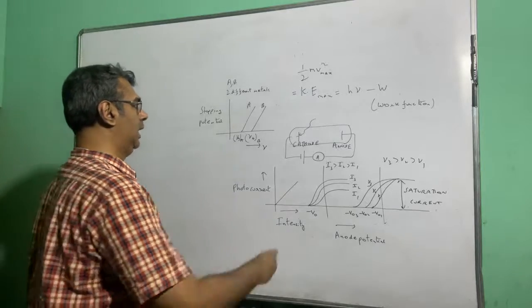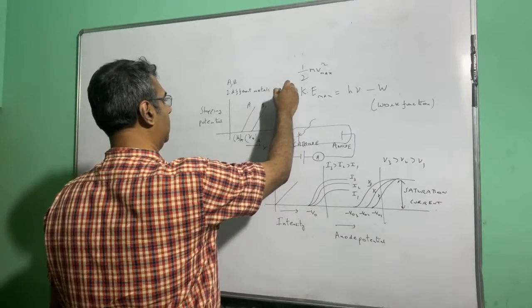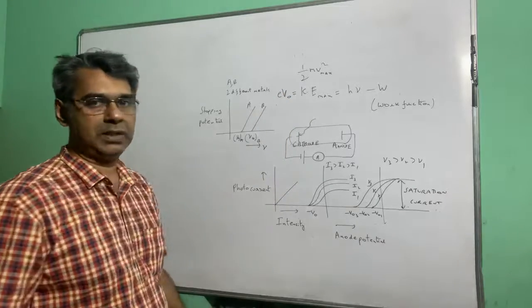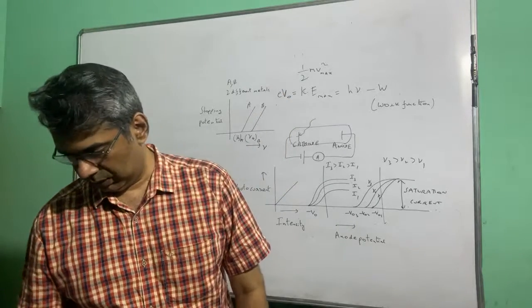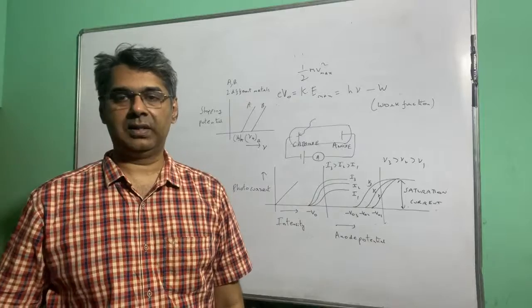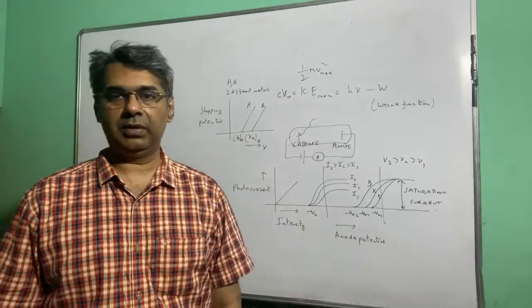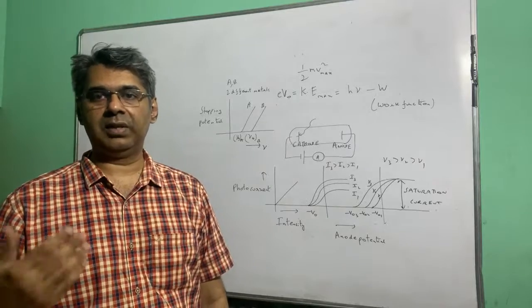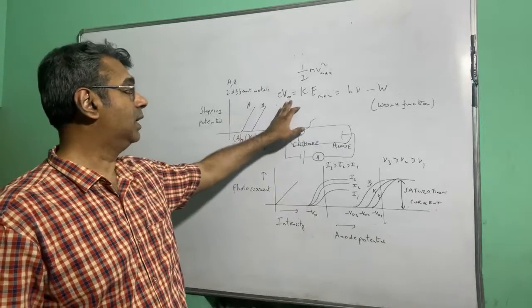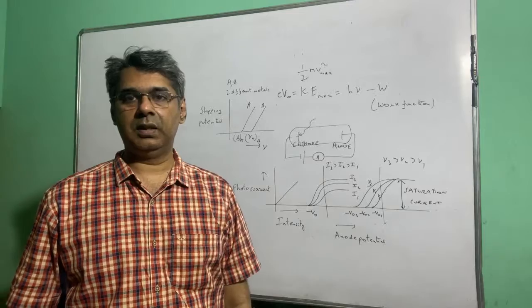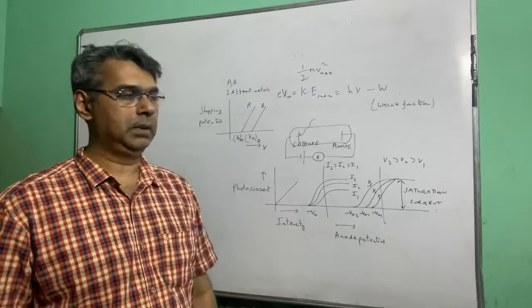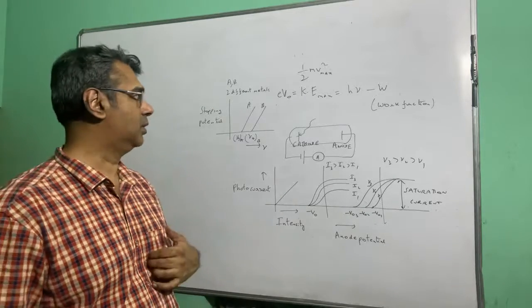You all know that the work done in accelerating or retarding an electron is the charge of the electron into the voltage through which it is accelerated or retarded. So charge of electron into V0 is causing the retardation of the electron.